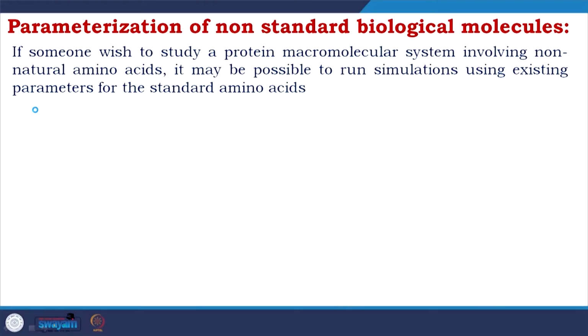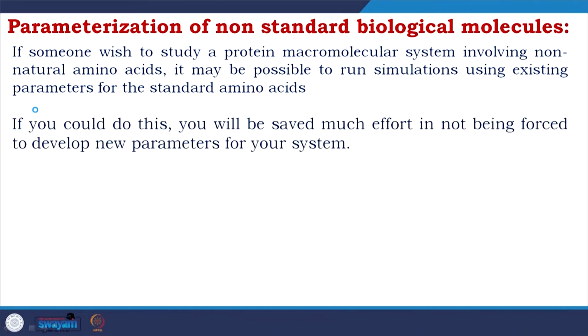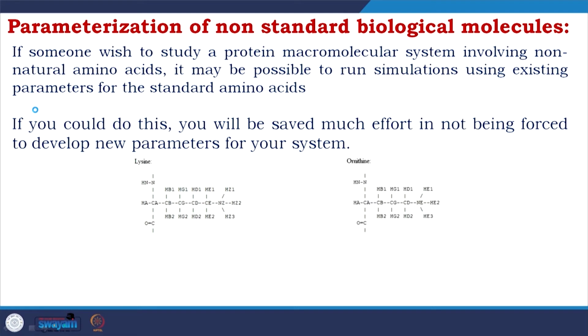If someone wishes to study a protein macromolecular system involving a non-natural amino acid, it may be possible to run the simulation using existing parameters for the standard amino acids. If you could do this, you will save much effort in not being forced to develop new parameters for your system, right. So, I have taken an example. You all know about lysine, a natural amino acid, and ornithine, a non-natural amino acid.